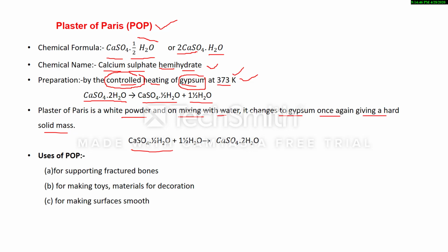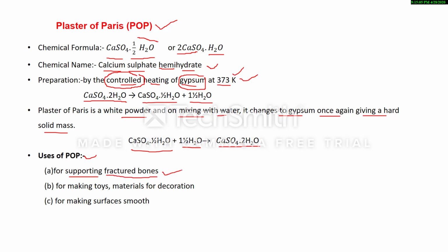Okay, this is plaster of Paris. When we add water, it will again form calcium sulfate dihydrate, which appears in the form of a hard solid mass. Now, what are the uses of POP? This is very common for supporting fractured bones.